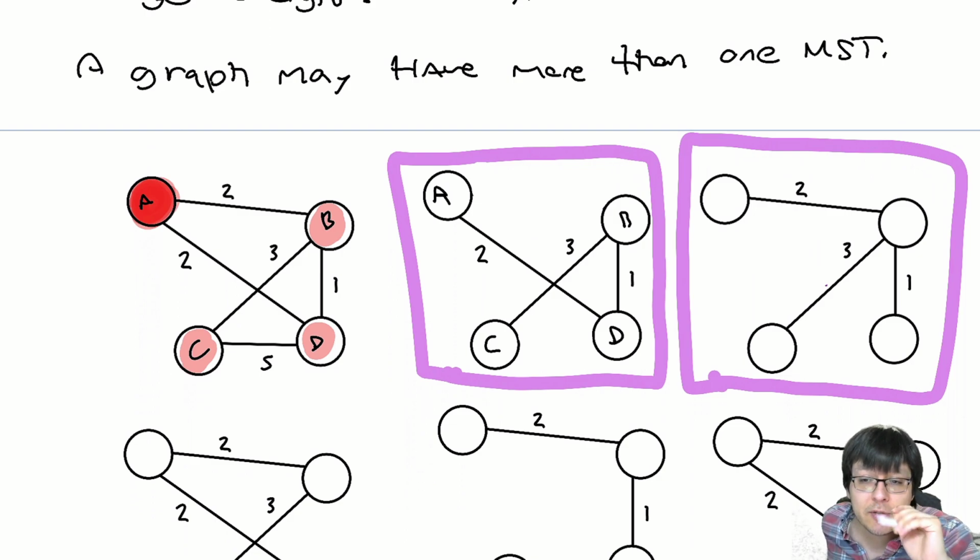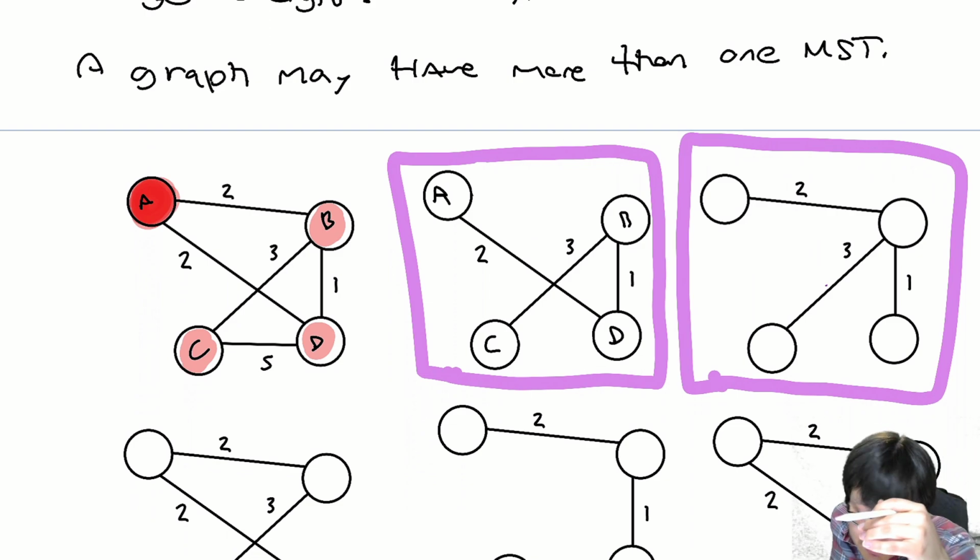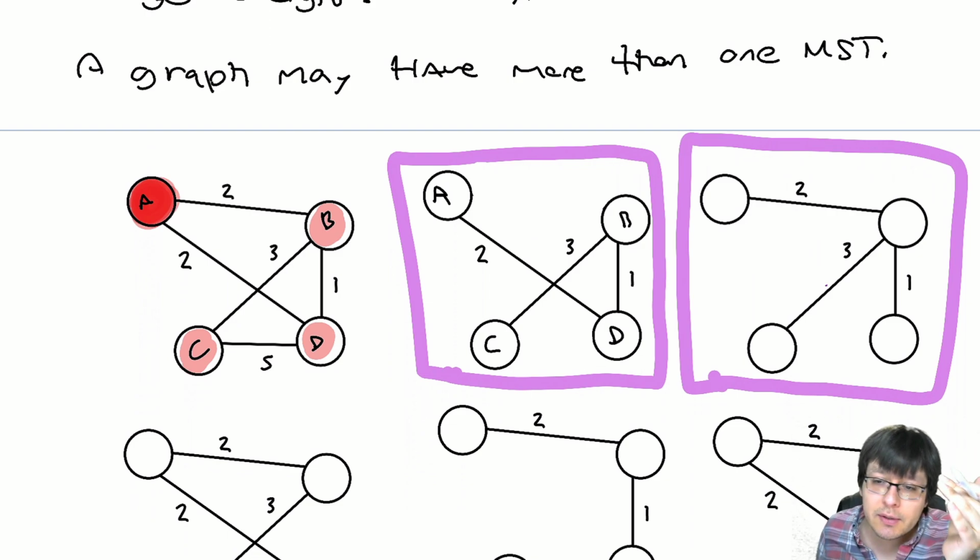There's no minimum spanning tree that can have more or less. Otherwise, if there was something less, then that would be the real minimum spanning tree. And if there's something more, then that means that it's not the best case scenario, which means there's a better one out there, which is the one that's left, right? So ultimately, while there may be multiple minimum spanning trees, if there are multiple, they will have the same weight.